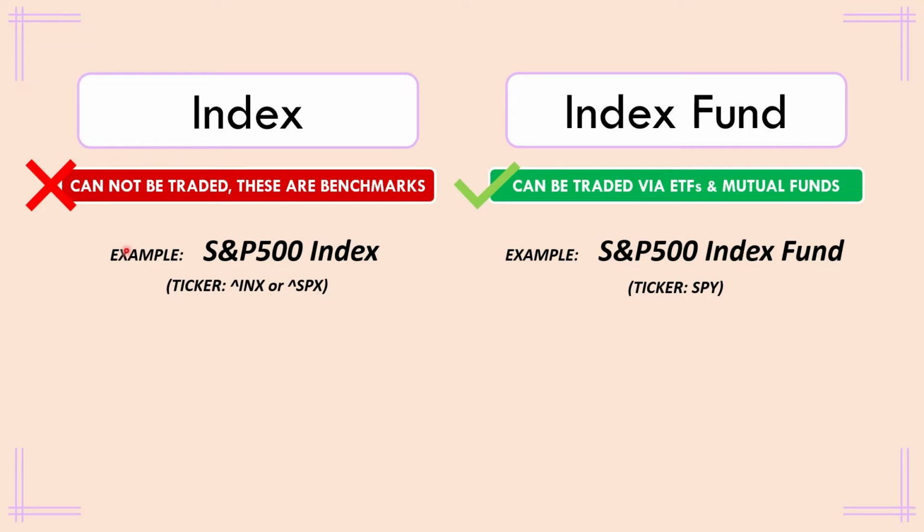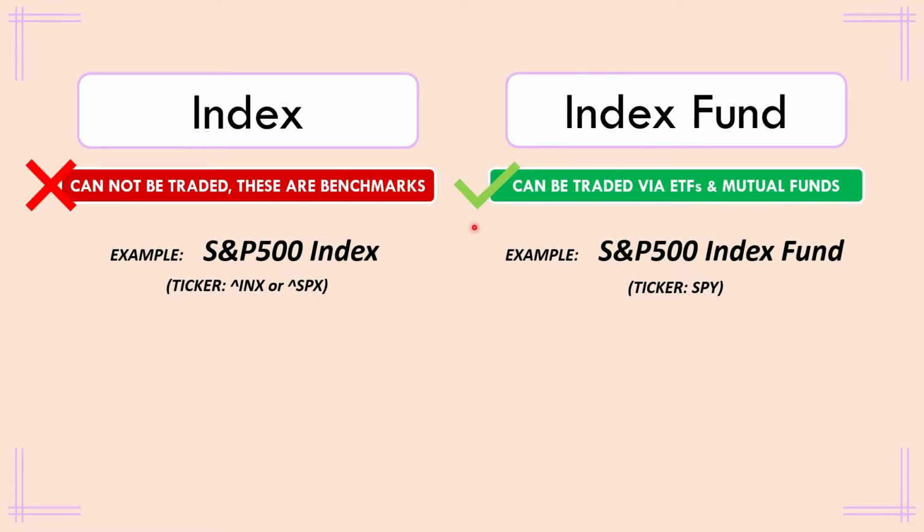And the 500 relates to the fact that it tracks the 500 large and competent companies in the US markets. The ticker symbol for this index is going to be INX or SPX, depending on, I believe, if you're looking at the cash or futures chart.